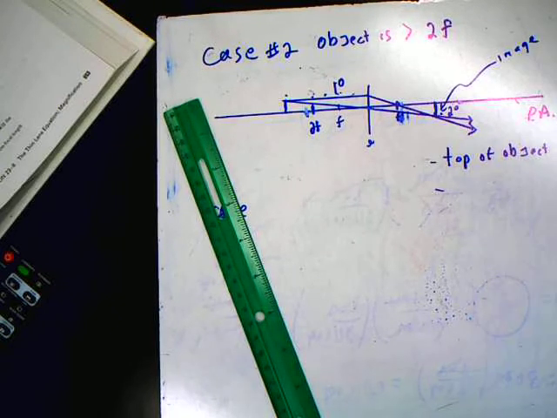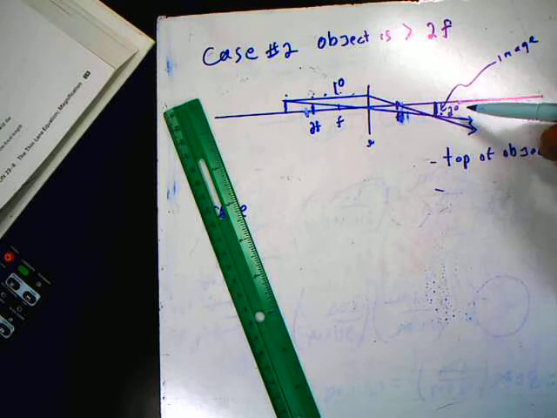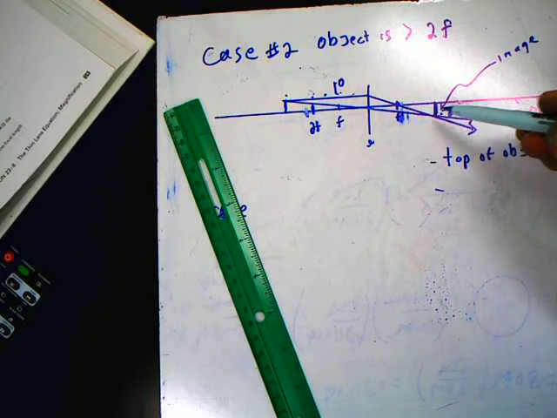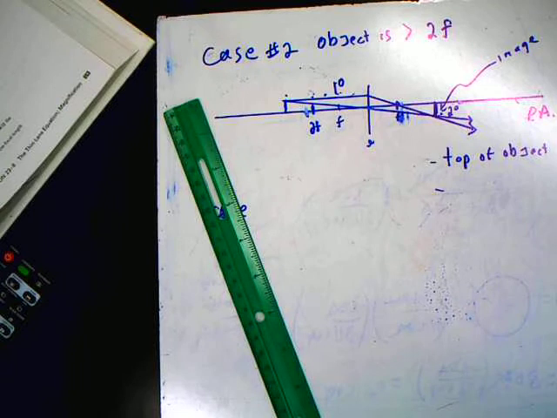Did everybody draw that? Now, does the height of the image look like it's gotten smaller or larger with your ray diagrams? Can anybody tell me? It's about the same? It's hard to tell. I think it's gotten a little larger.